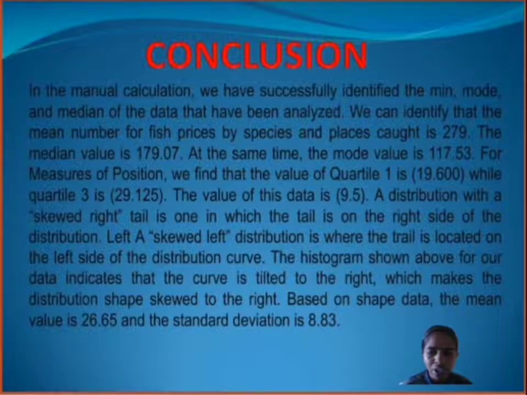The histogram shown above for our data indicated that the curve is tilted to the right, which makes the distribution shape skewed to the right. Based on shape data, the mean value is 26.65 and the standard deviation is 8.83. Thank you.